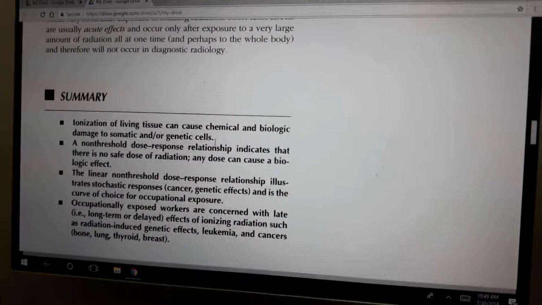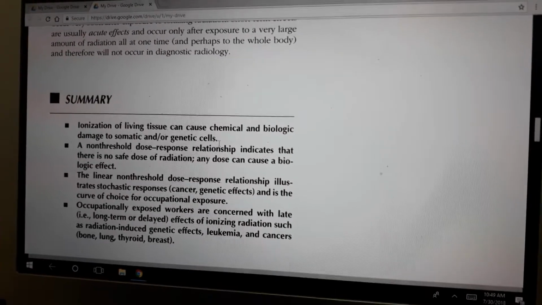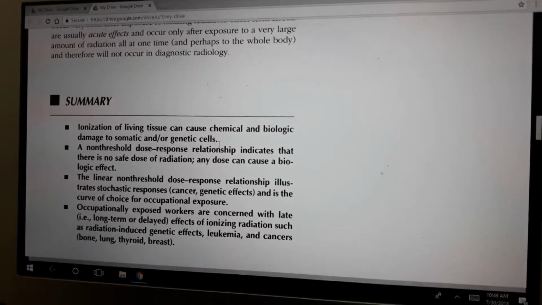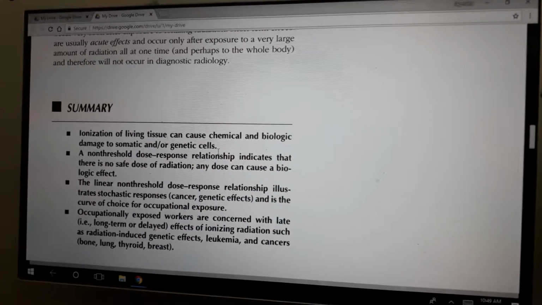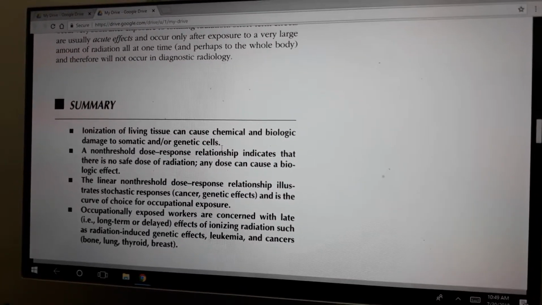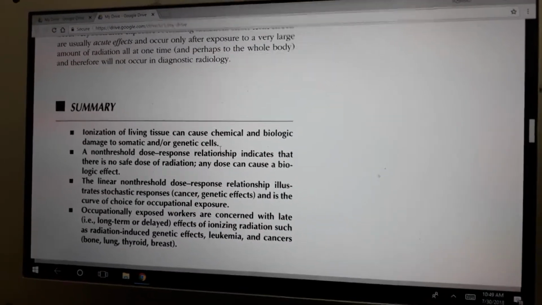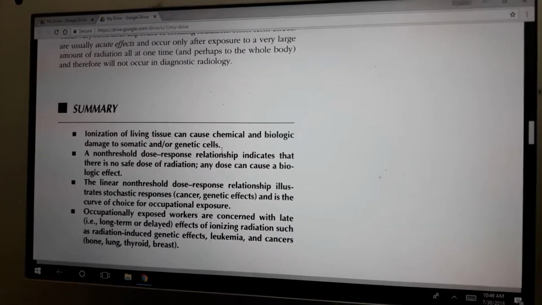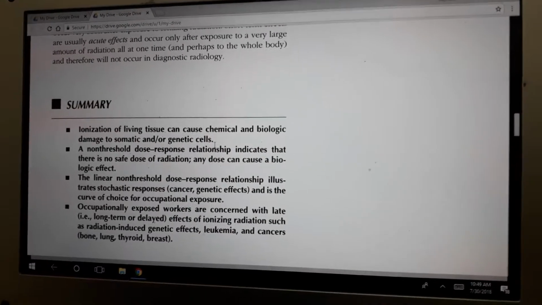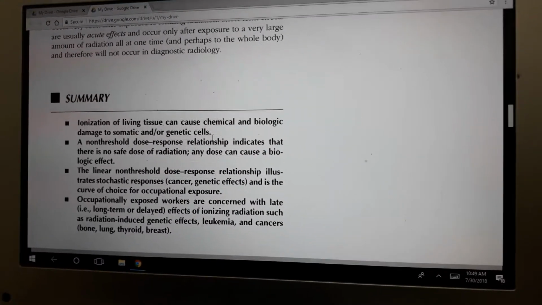Any dose can cause a biological effect. The linear non-threshold dose response relationship applies to stochastic response, cancer, genetic effect, and the curve of choice for occupational exposure.